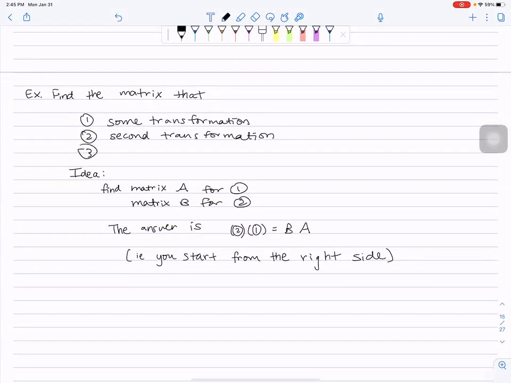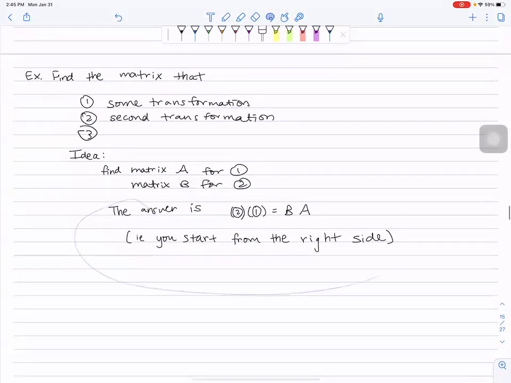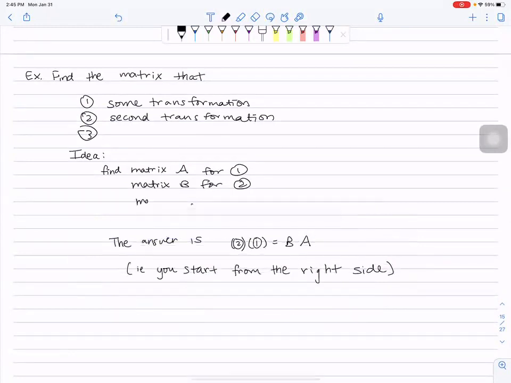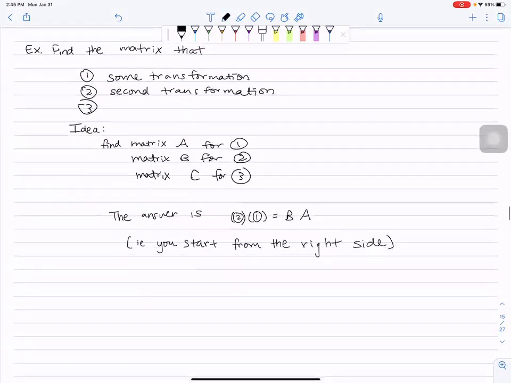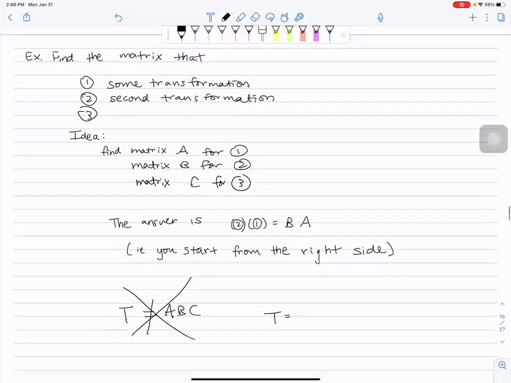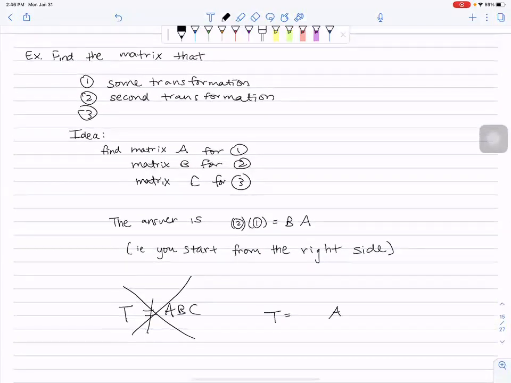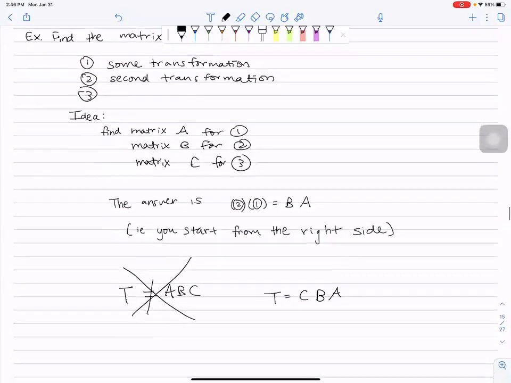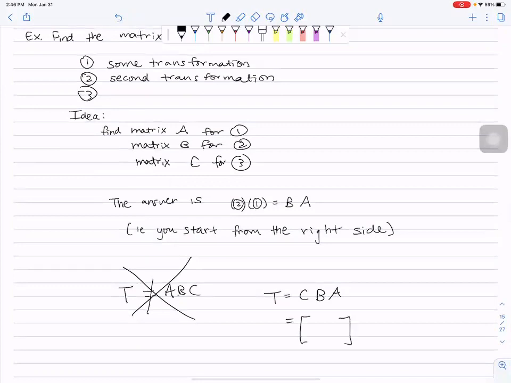So if there was a third transformation, and we had a matrix C that describes it, you shouldn't do A times B times C. This is wrong. You start from the first one, which we said was A, then go to the left. So C, B, A. And you would multiply that out to get whatever matrix it is.